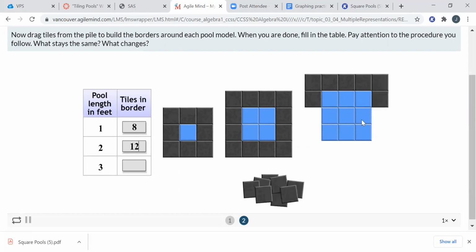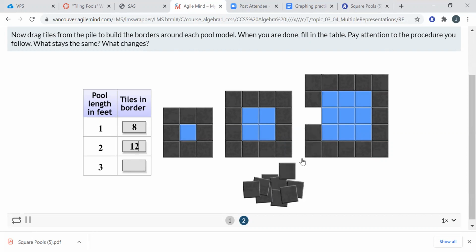And the pools are getting bigger. And the bigger the pool, the more tiles that go around it. Oh yeah, we're close to 10 now. Seems like even though I pull tiles out, they never run out. Kind of crazy. Okay, there are 16 tiles around this one.